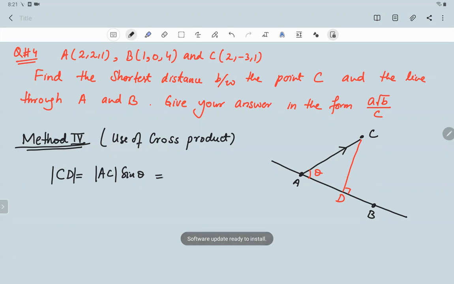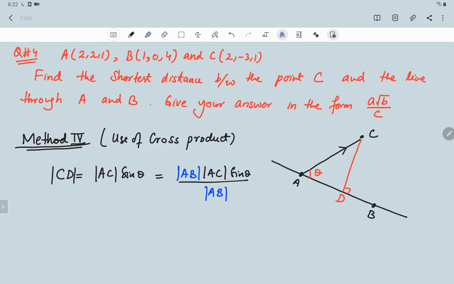Let me add another quantity: AB into AC sine theta over AB. I have multiplied and divided by AB, so I have done nothing to the original expression AC sine theta.